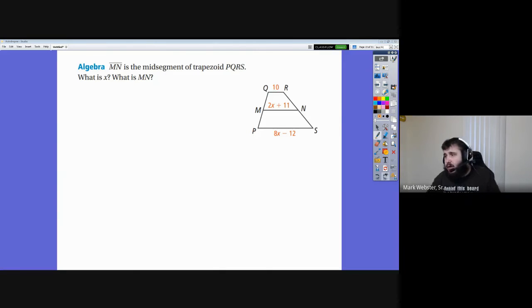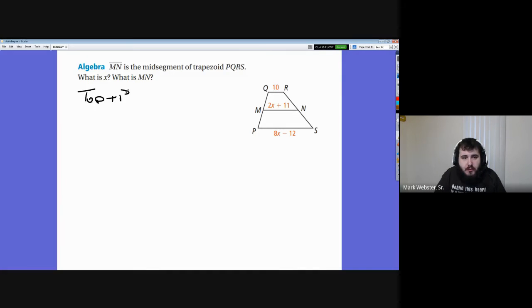So once again, top plus bottom equals 2 times middle.